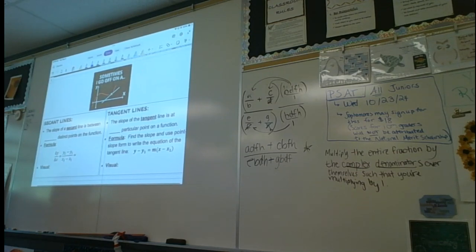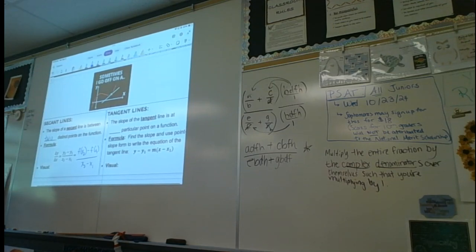The slope of a secant line is between 2 distinct points on the function. It's obviously your slope formula, but another way we can write this, and this is in your packet, P4 lesson 2 notes, is f of x sub 2 minus f of x sub 1 all over x sub 2 minus x sub 1.